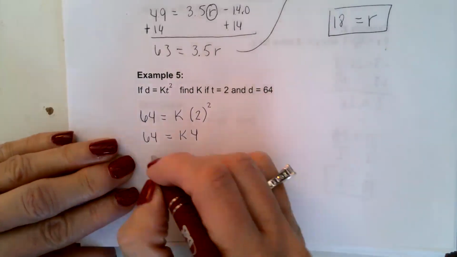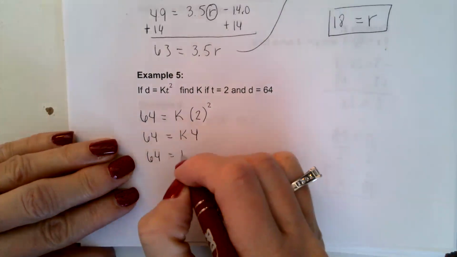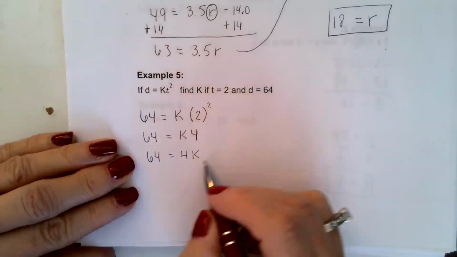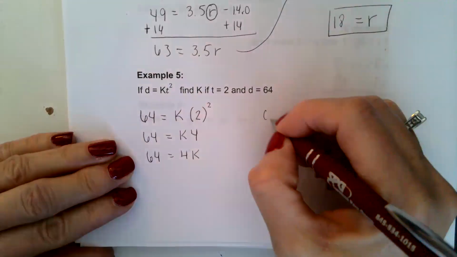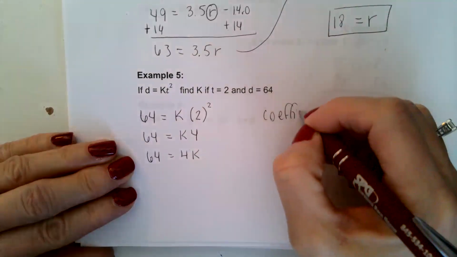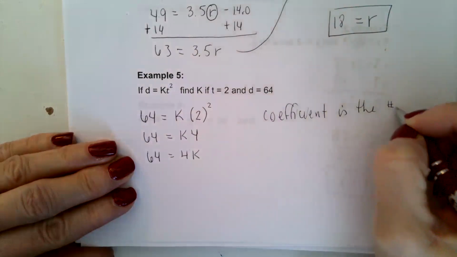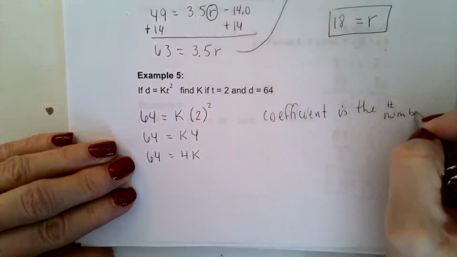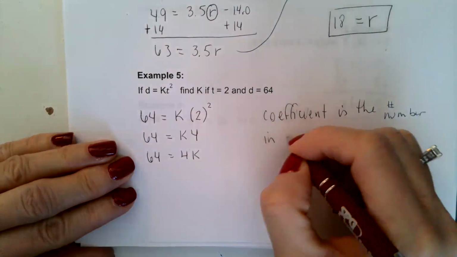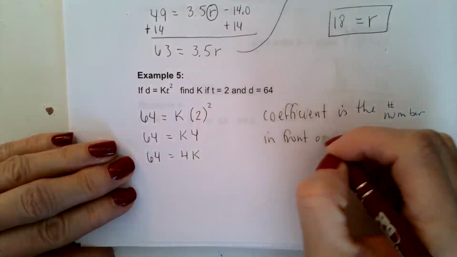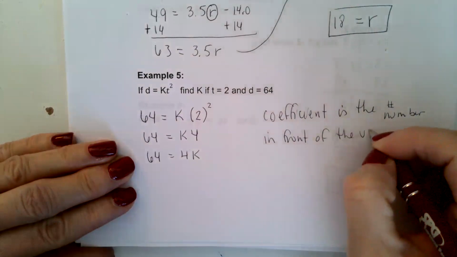And then I like to write my coefficient in front of the variable. Remember, a coefficient is the number in front of the variable.